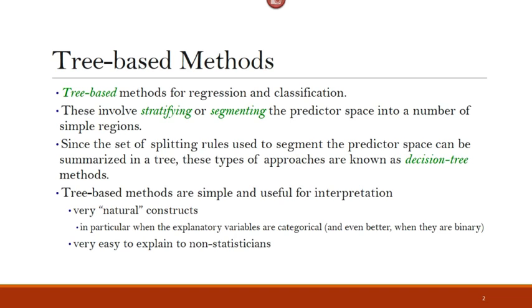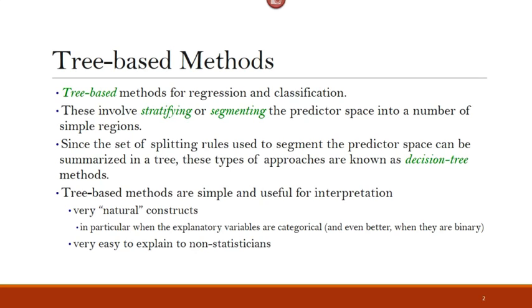The method here involves dividing or segmenting your observations, using the predictors, the variables that you have for your observations, into segments or regions that are distinct, non-overlapping regions. The question here is how to come up with those regions, how you can divide the space of your problem into those distinct regions.